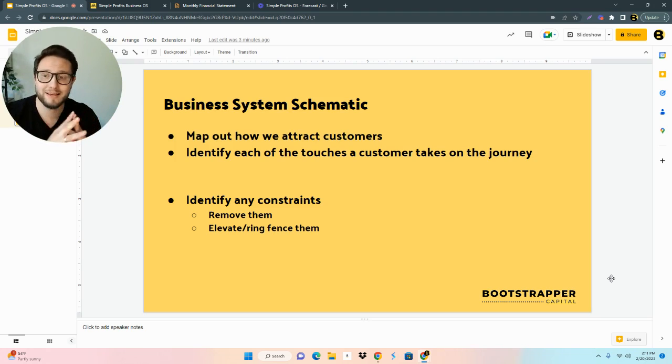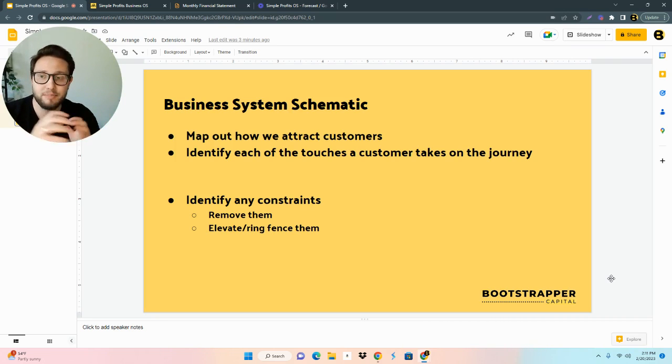This schematic is a great tool to have to be able to do that, right? So for those reasons and definitely more, we emphasize investing intentional time early in your journey to map out your business system, right?